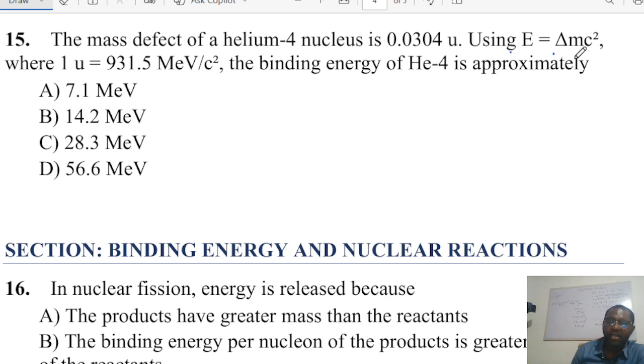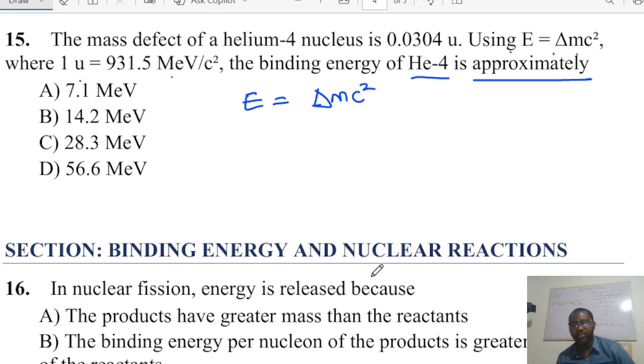So using E equals delta m c squared, and where one atomic mass unit is 931.5 mega electron volts per c squared, the binding energy of helium is approximately. Now the formula for binding energy is equal to the mass defect delta m times c squared. Now if we are given the mass in kilogram and we are given the speed, we can use this formula. But here we are not given the mass.